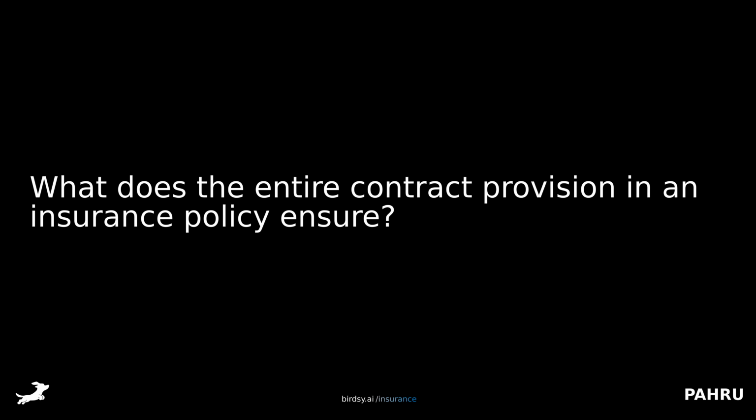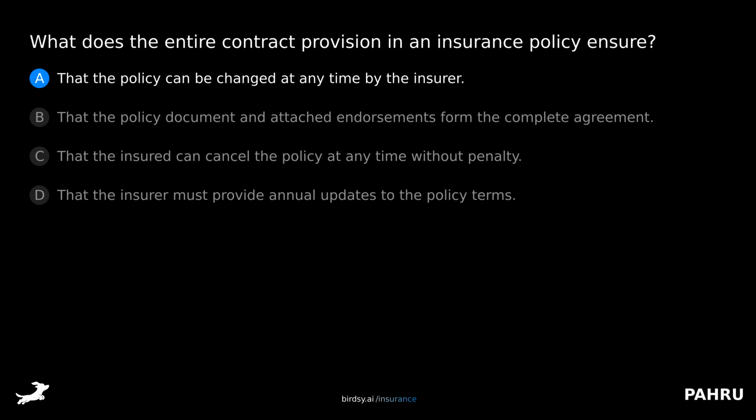What does the entire contract provision in an insurance policy ensure? Is it A, that the policy can be changed at any time by the insurer? B, that the policy document and attached endorsements form the complete agreement? C, that the insured can cancel the policy at any time without penalty? Or D, that the insurer must provide annual updates to the policy terms?